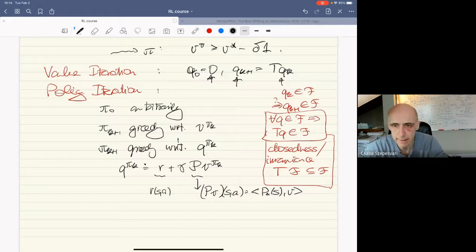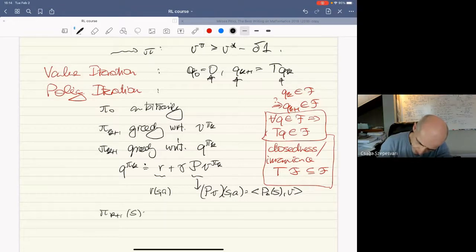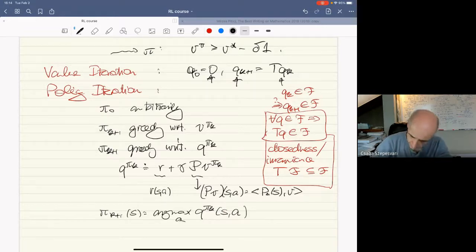Right, so these are the one-step look ahead values, and pi k plus 1 of s is argmax of Q of pi k s, a. Right, so that's the greedification.